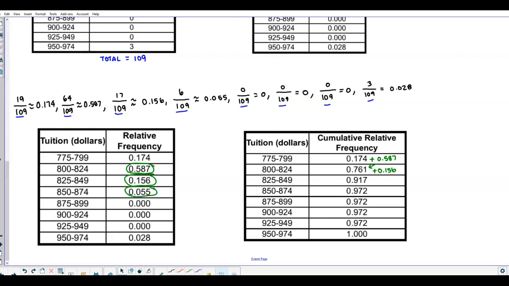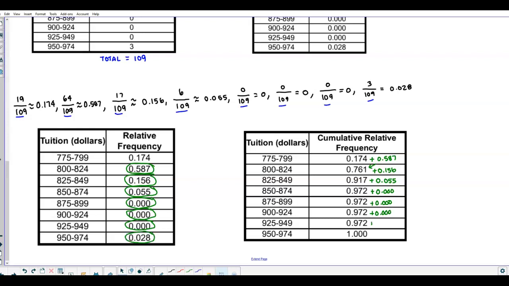And then we're going to take 0.055 to get the next number, which is 0.972. And then we're going to add 0.000 to get 0.972. And then add 0.000 again to get 0.972.